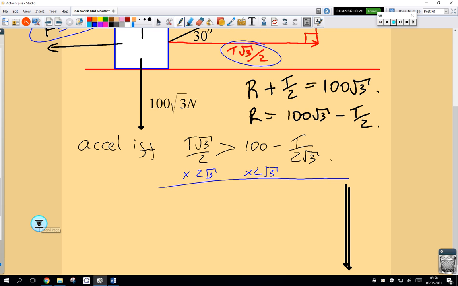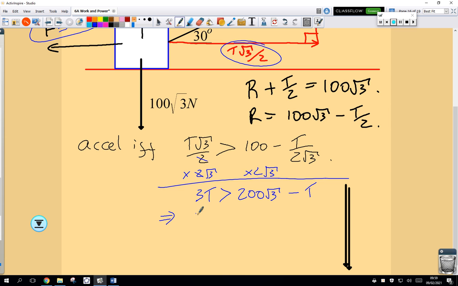T over 2 root 3 times 2 root 3, well, that 2 will cancel, we get T root 3 times root 3. Well, that's going to be 3T. So 3T is going to be greater than, multiplying 2 root 3 by 100, that's going to be 200 root 3. And then multiplying 2 root 3 by this quantity here, well, that's just going to leave me with T.